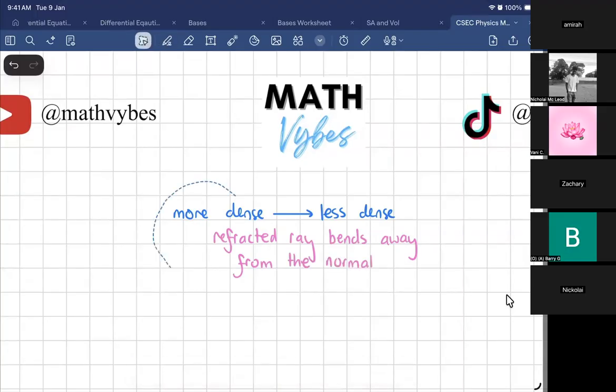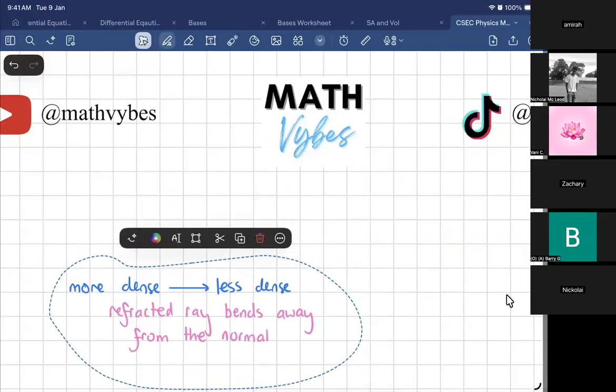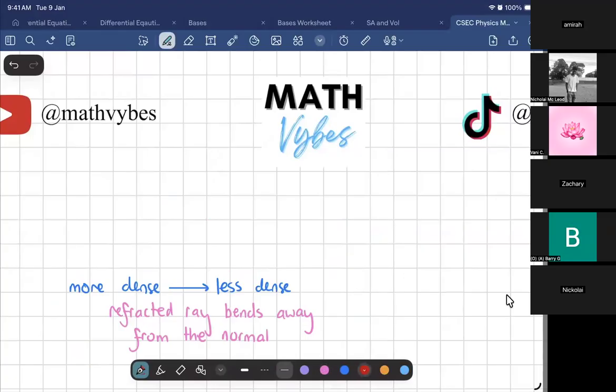Now, this is the only time total internal reflection can happen. So the topic we're looking at today is critical angle and total internal reflection.